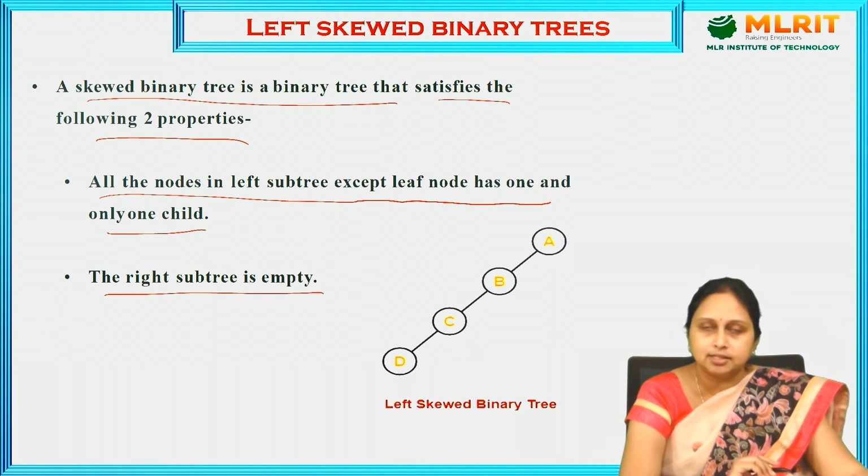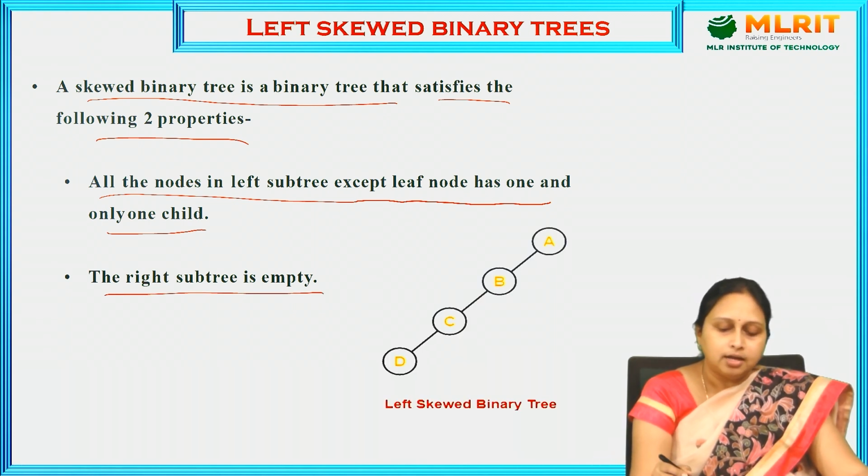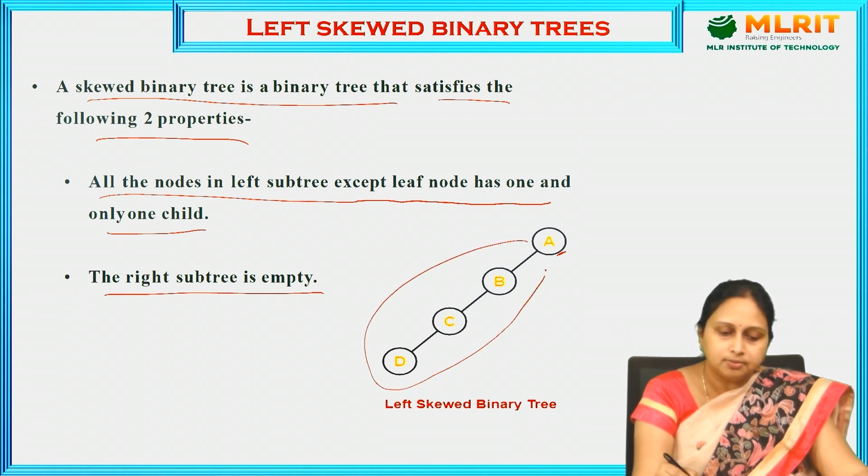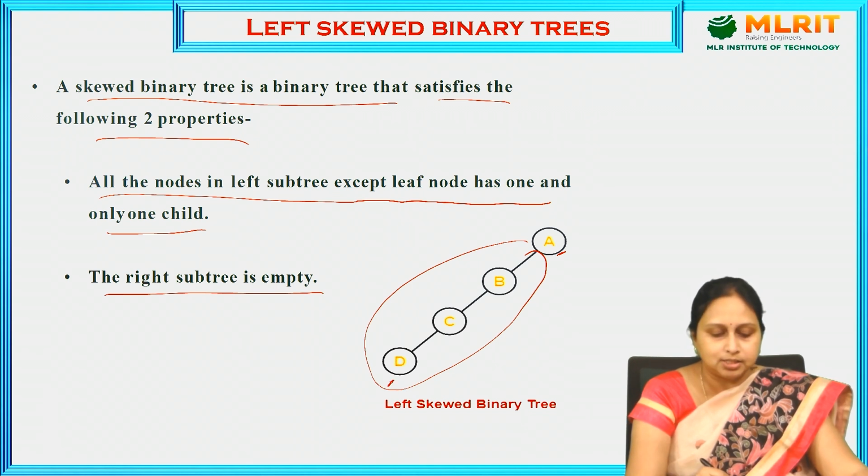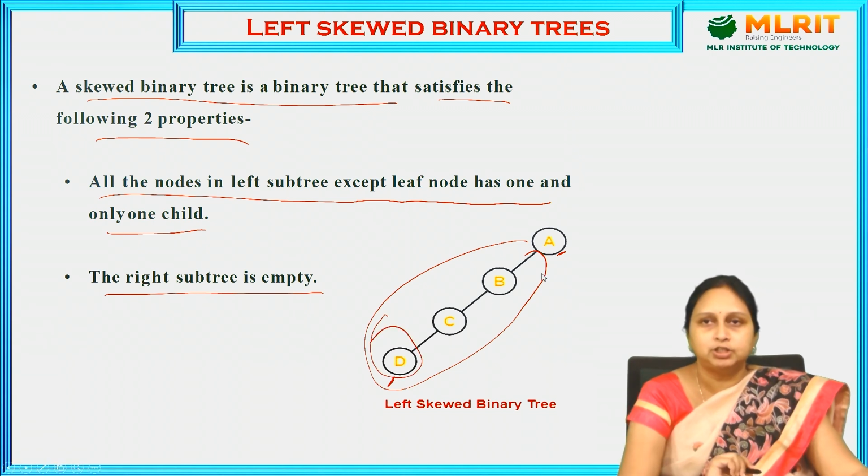Let us see this example. Here, this is the left subtree. Except the leaf node, which has no children, the remaining nodes all have only one child. A has only one child, B has only one child, C as well.